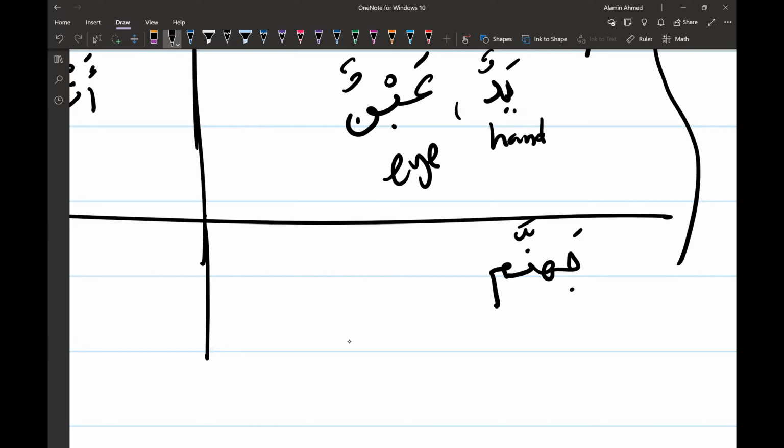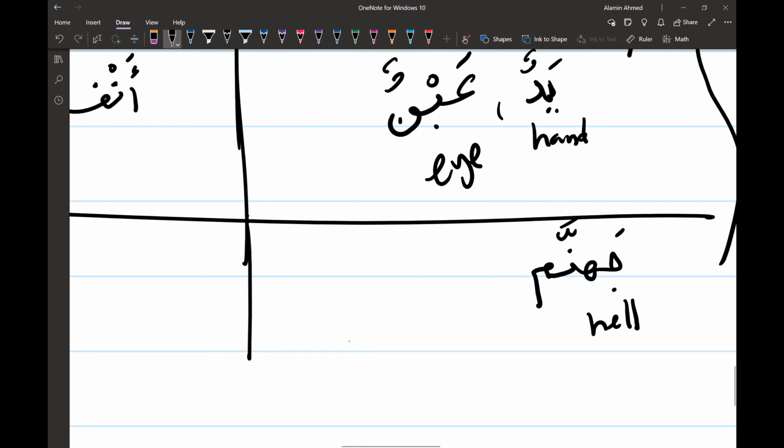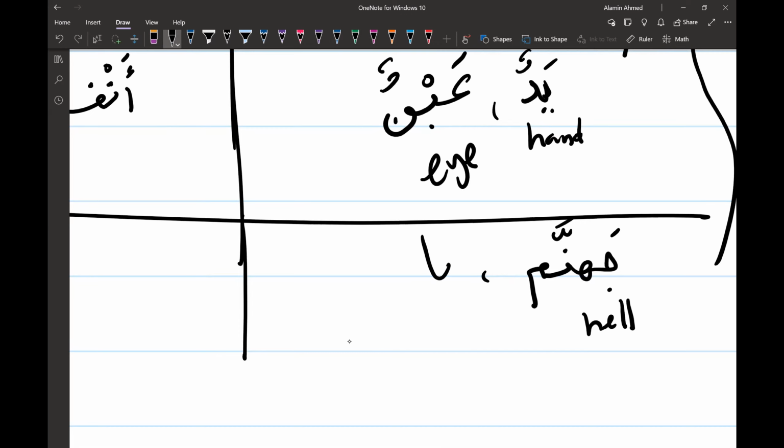What does it mean? Hell. A'udhu billah, may Allah protect us from the hellfire. And not only that, Nar, here's another word you have to know. Nar is fire. This is also considered feminine.